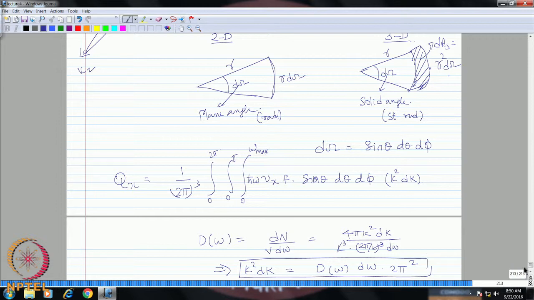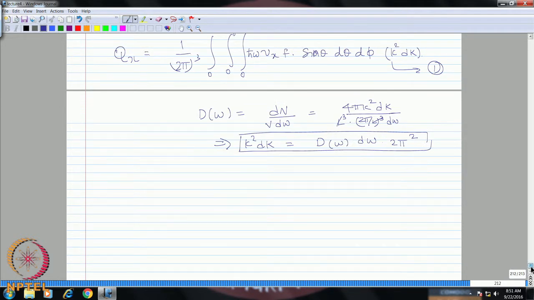Right. So, please substitute this into, let us say, equation 1 for d square k square dk.